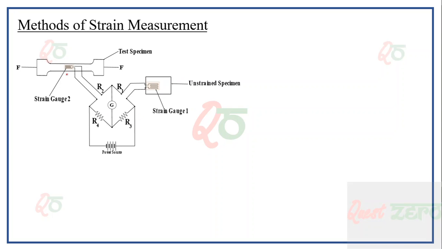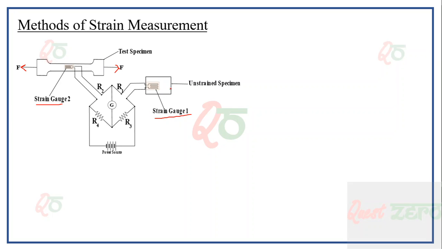Now the forces that are being applied on the specimen, if you see the strain gauges, there are two strain gauges that we use, strain gauge 1 and strain gauge 2.